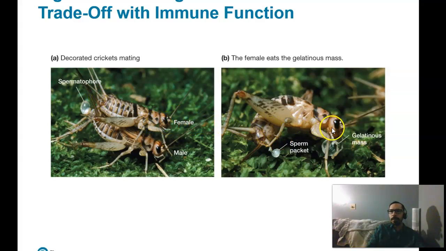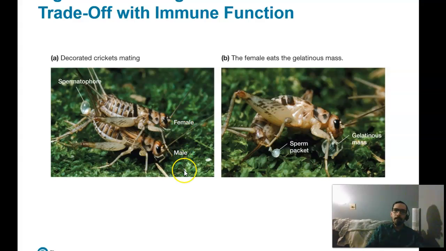Then afterwards, the female will consume the gelatinous mass and leave the sperm packet behind at the genital opening. So as the female consumes the gelatinous mass, the sperm make their way through her reproductive tract. And so the larger the mass or the larger the spermatophore, the longer it's going to take the female to consume it, and the more sperm can fertilize the eggs. Okay? So that's how the cricket reproduces.